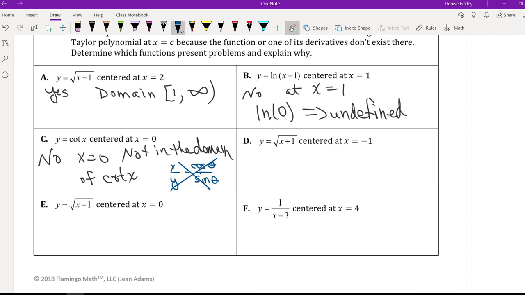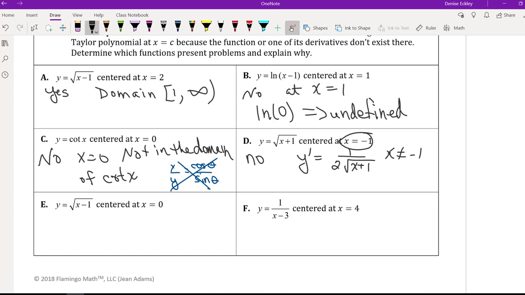Letter D is no again. At -1, looking at the function, you have square root of 0, which is fine. But if you take the derivative, you have 1 over 2 times the square root of x plus 1, which is undefined at -1.